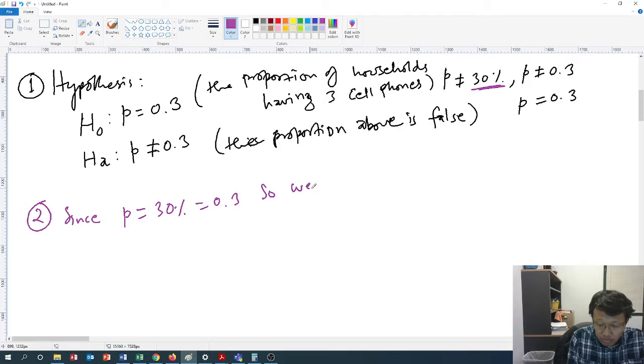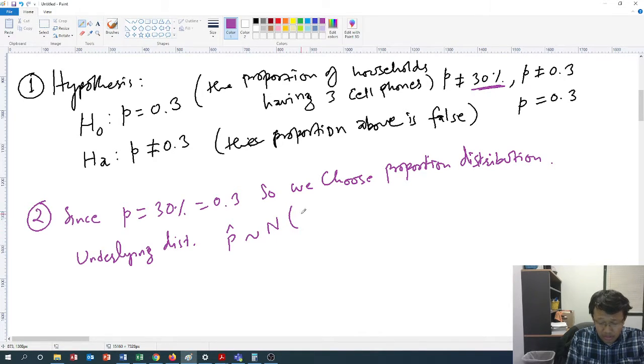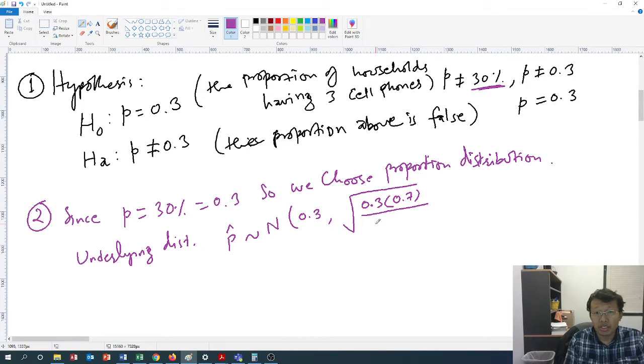So we choose proportion distribution, with P equals this much, and the underlying distribution is P hat is normal with 0.3 as the mean, and the standard deviation would be the square root of 0.3, the proportion of households having 3 cell phones, times its opposite 0.7, that is 1 minus P, divided by how many households were surveyed.